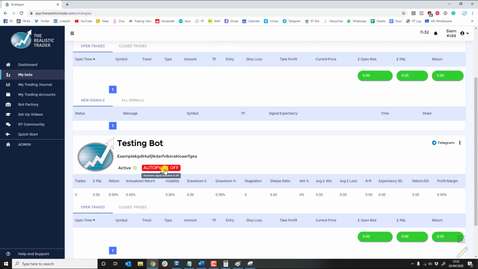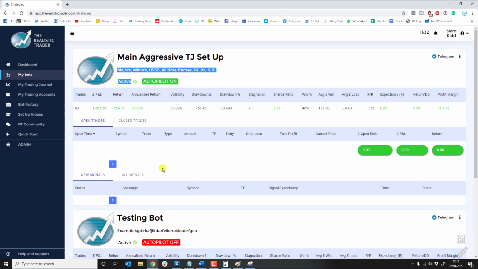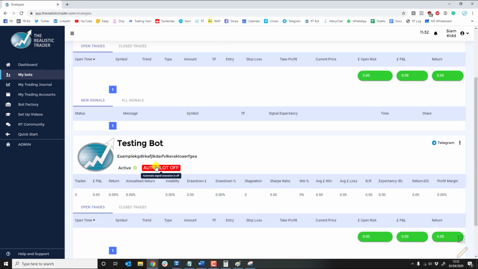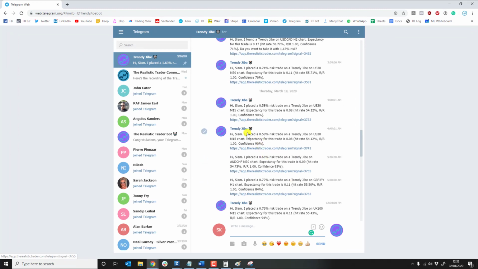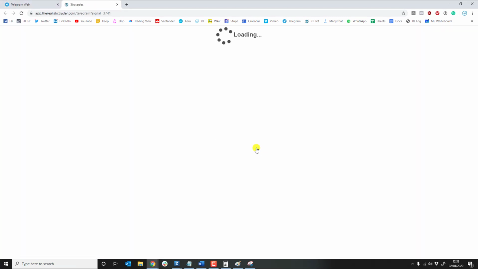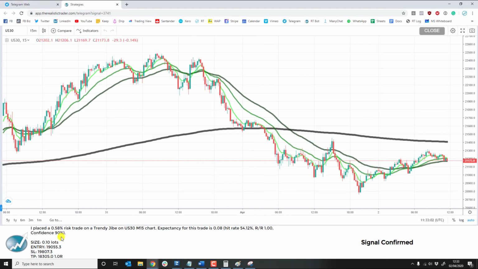Yeah, so that's that. Now, quick thing about the autopilot. At the moment, if it says autopilot off, what it'll do is find a trade and send you a Telegram alert, and I'll show you what that looks like. It'll look something like this. Hey, I found you a trade. You click it, it'll send you the chart with all the parameters.